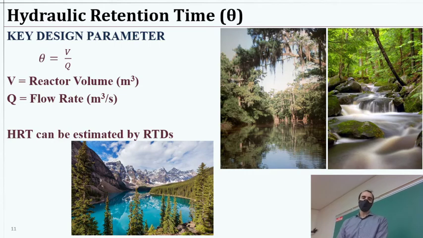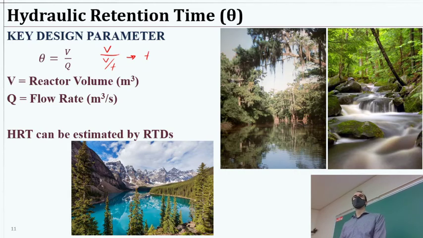So theta, or hydraulic residence time, is simply the volume of some chamber divided by the flow rate through that chamber. Time is going to be the units. Volume divided by flow rate, and flow rate is volume per time, gives us time as a unit, right?